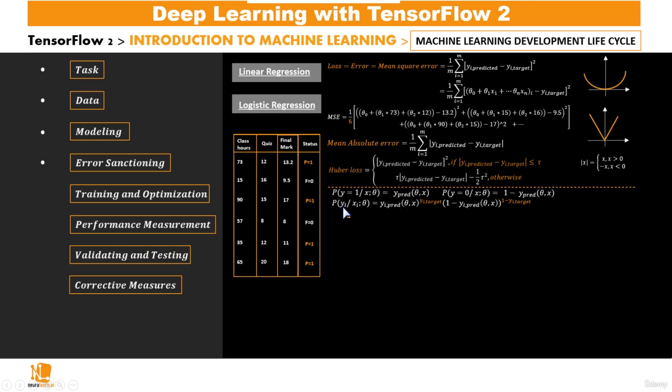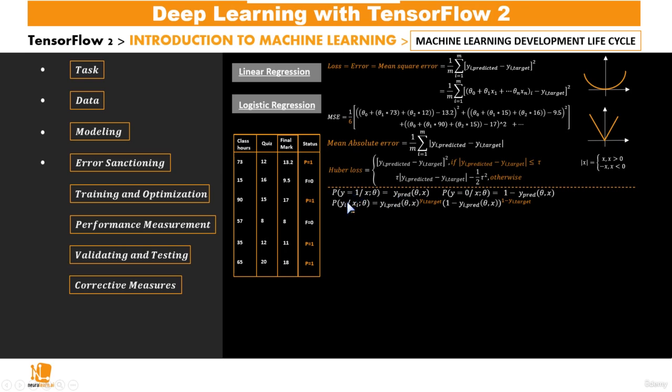Suppose we have y_i equals 1. What this probability distribution does is, when our target is equal to 1, given this x_i and theta, we should have this as 1. So we're taking the case where y target is 1, because y is the target.